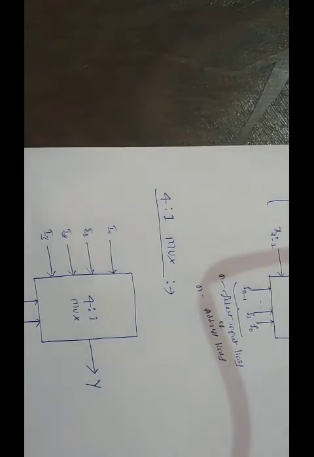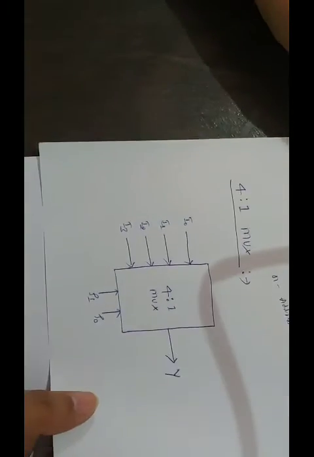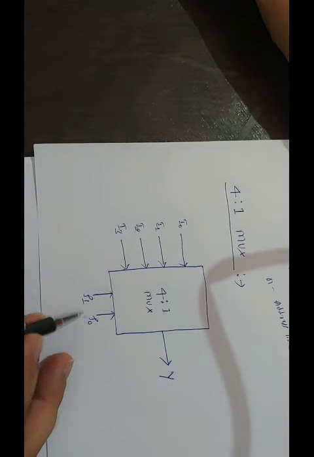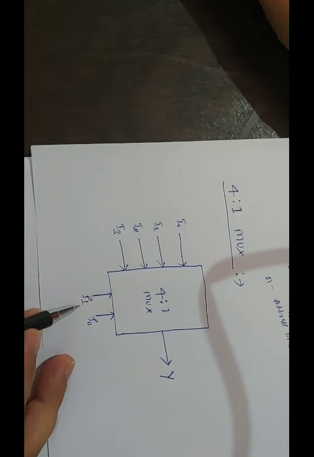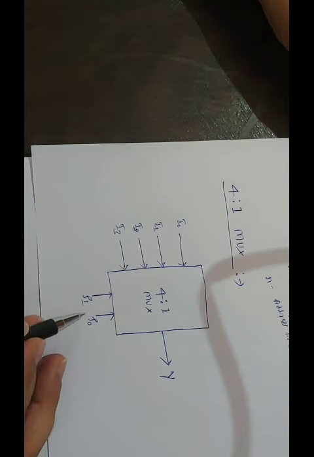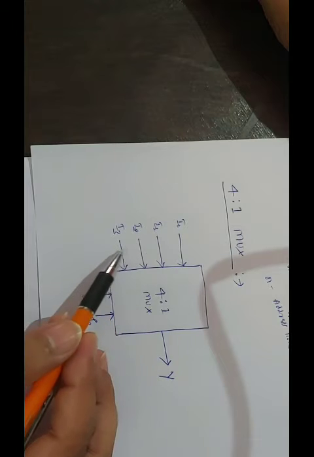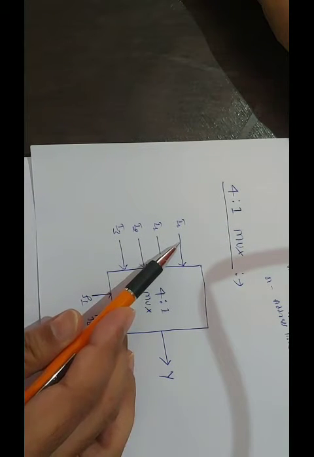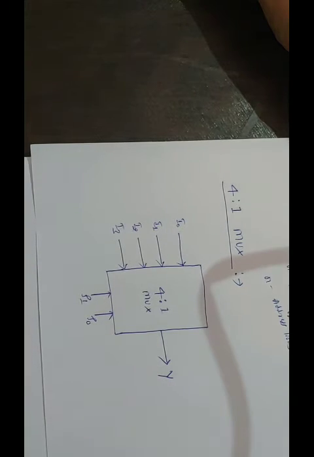With S0 and S1, 4 different combinations we can make: the S0 and S1 values may be 0 0, 0 1, 1 0, 1 1. Based on these addresses, one of the input lines is selected, and the data on that input line is transferred to the output line.